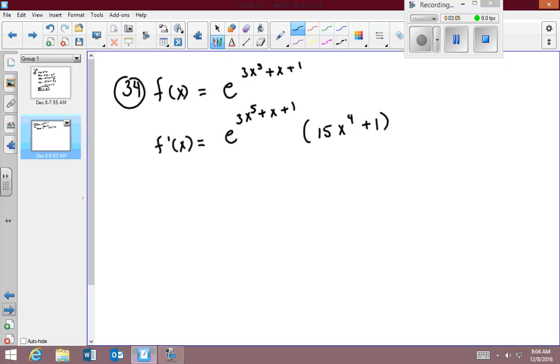So then we look at their answer, and all they have is just this part of it. They don't have this. So it's incorrect in terms of what they're saying their derivative is.